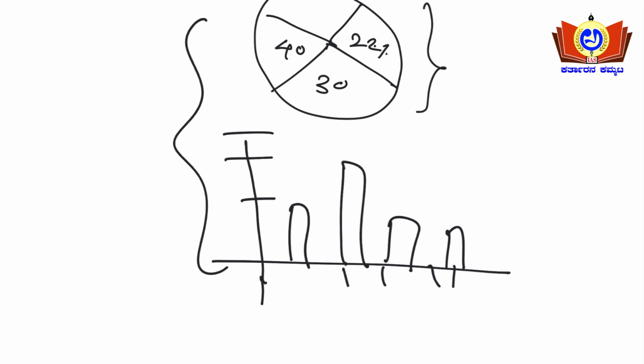Simple mathematical calculations only will be applied for data interpretation questions. So in the upcoming video, I'll solve a few questions based upon all these types: bar graphs, pie charts and tabular column. Here I'll take up an example in the next page, and I'll explain how these data interpretation questions work. So moving on to the next page.